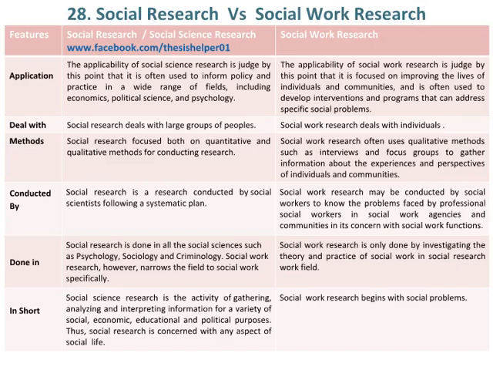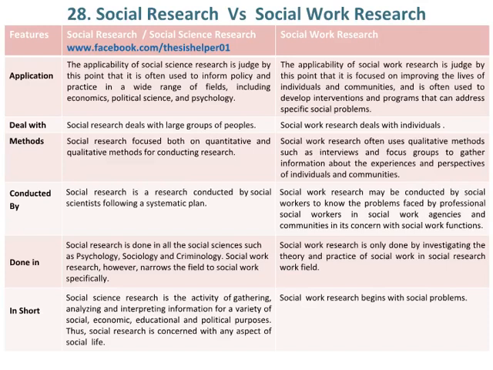Social research is done in all the social sciences such as psychology, sociology, and criminology. Social work research, however, narrows the field to social work specifically, whereas social work research is only done by investigating the theory and practice of social work in the social work field.